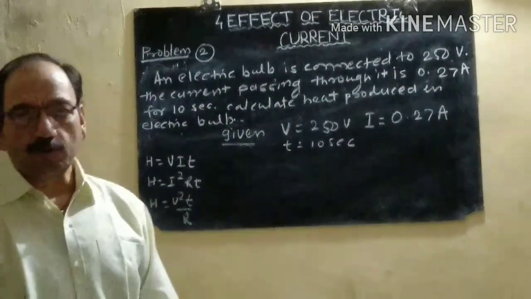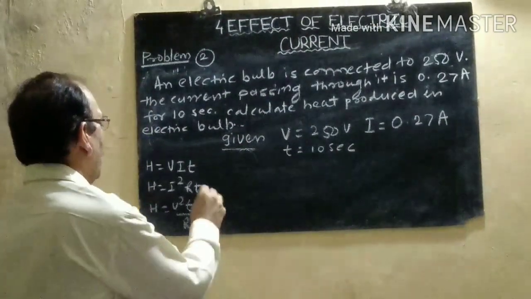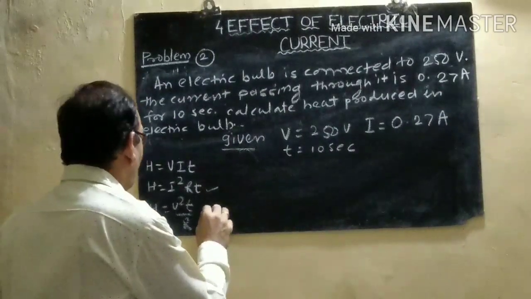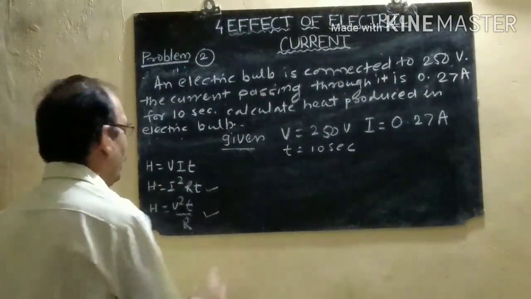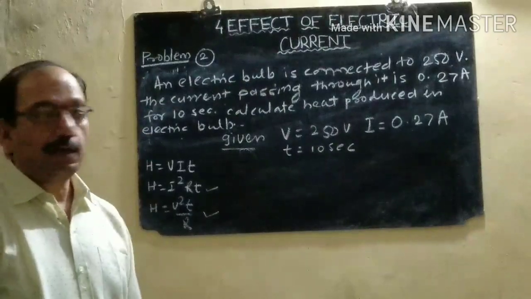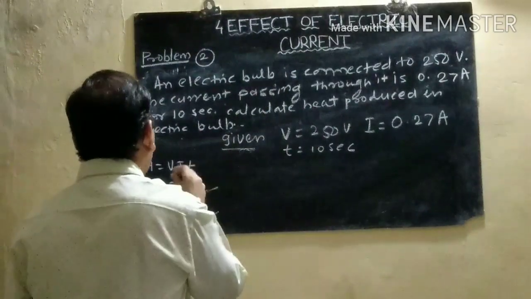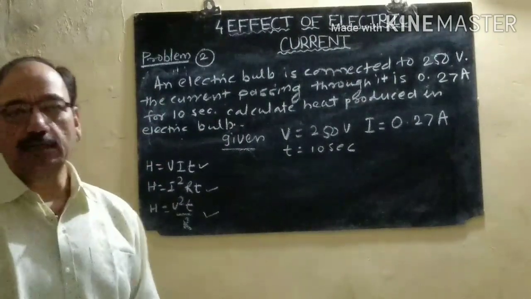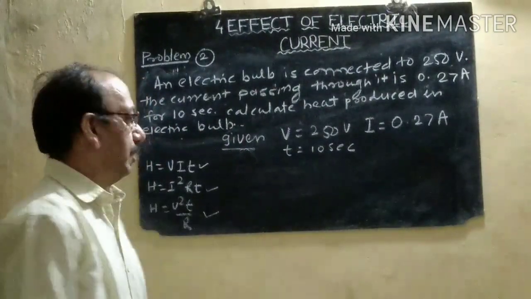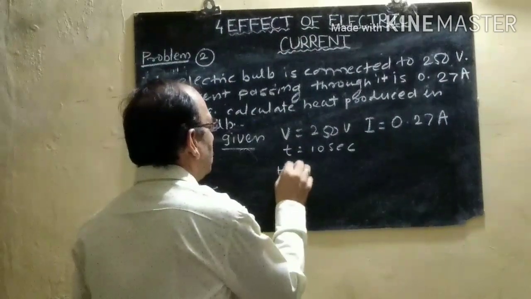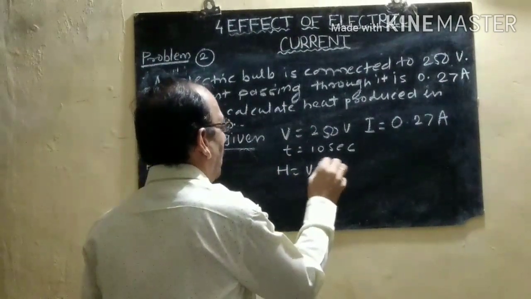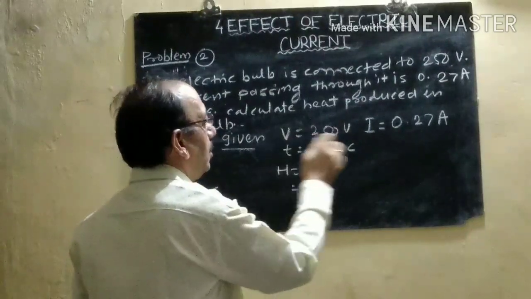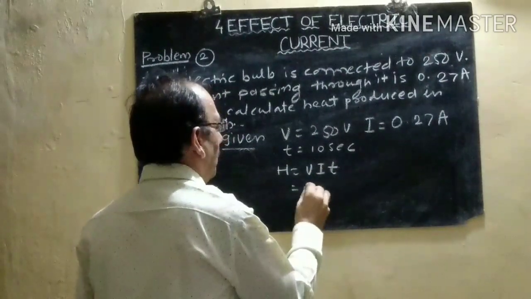We already solved two examples based on H is equal to I square RT. In another example we solved H is equal to V square T divided by R. This problem is based on the first formula, that is H is equal to VIT. So we write the formula H is equal to VIT. Simply put in the values of volt, current and time.